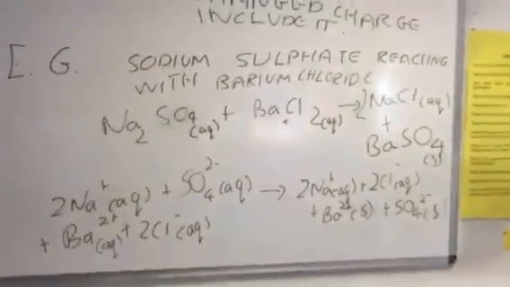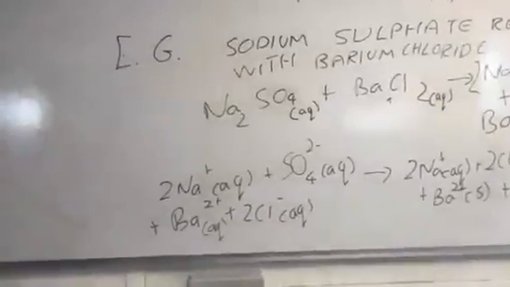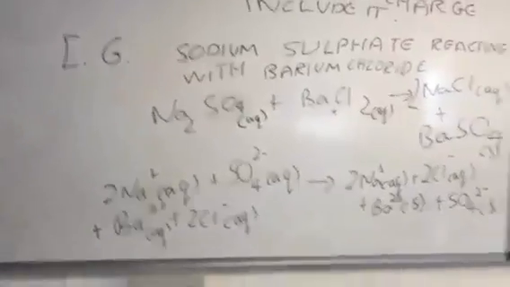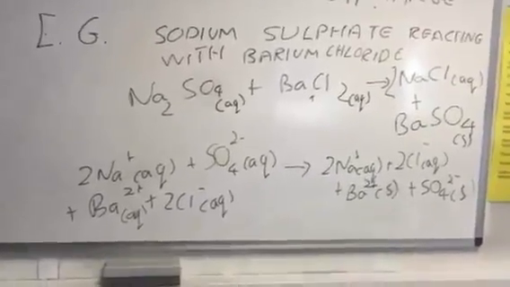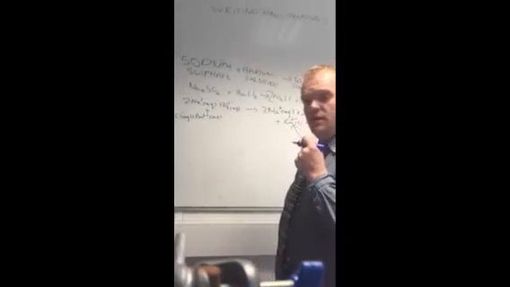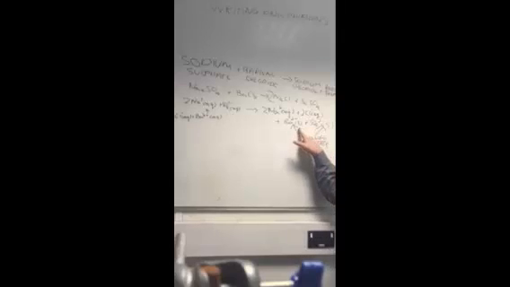What about the state? Well, I can see that my barium sulfate ends up as a solid. I can see that the barium starts off as a solution and the sulfate starts off as a solution. So, I would include those ions. So we can see that in our substance we've got the barium ion and the sulfate ion that have changed state.